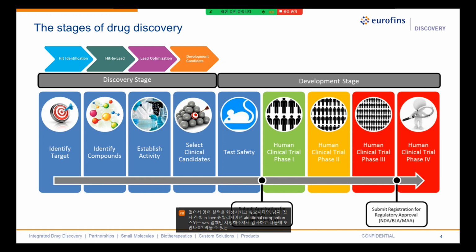Obviously, there are a lot of things that need to be done to get to a candidate drug for clinical testing. And what we'll talk about within the context of this webinar are some of the approaches that can be used using cellular assays, not only to look at efficacy, but also safety aspects in drug development.